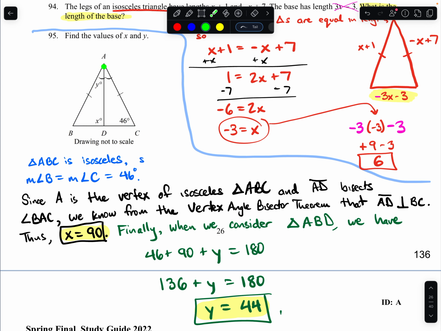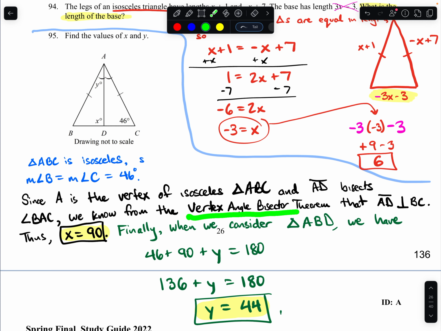So I have an isosceles triangle, and then I also have a line segment from the top vertex of the isosceles triangle down to the opposite side, and that line segment bisects, or cuts in half, the vertex angle A.